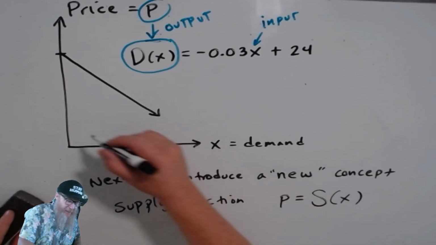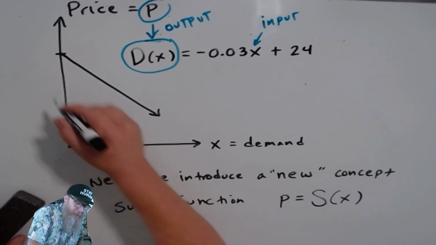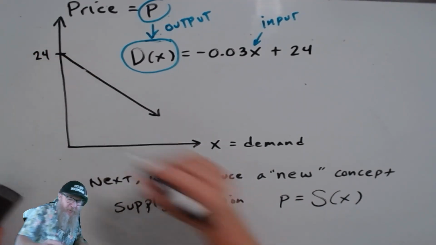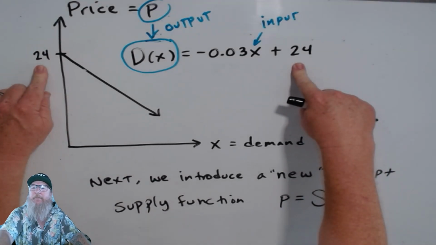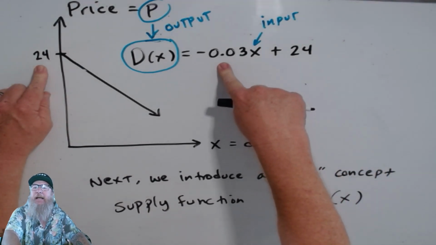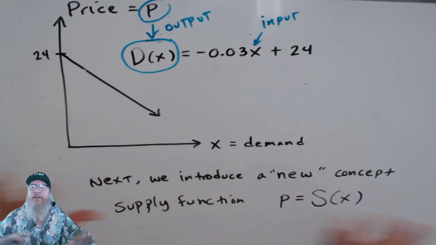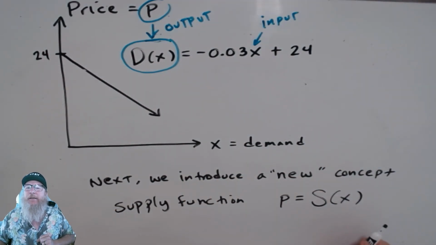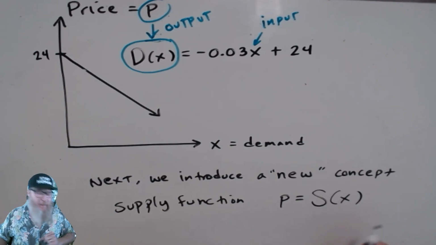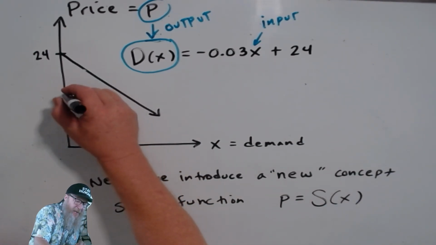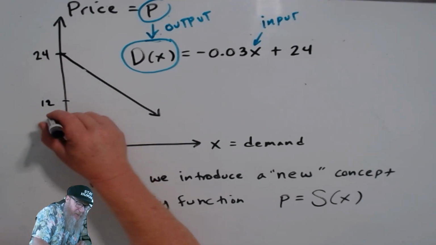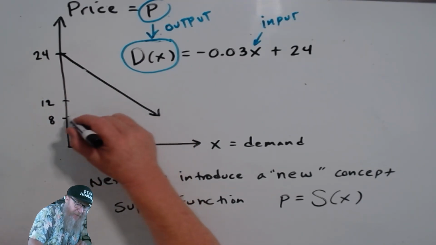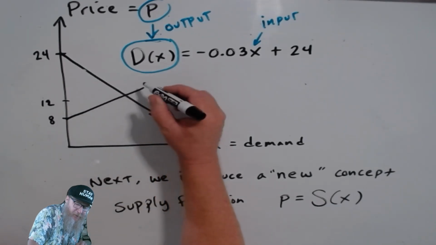And it kind of goes like this. So the demand function starts at positive 24. That's the y-intercept. And then the slope is negative, and it goes down. I'm not using the grid to be very precise here. And then you have, let's say, if that's 24, that's 12. So we'll say this is 8. This is the supply function.